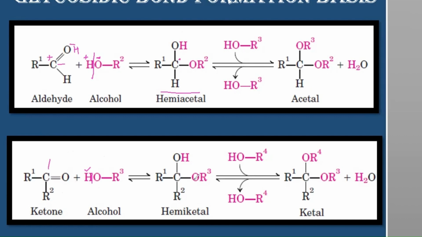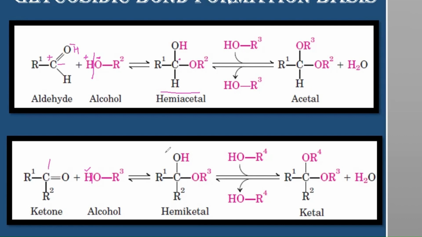Hemiketal is the structure where the carbon is associated with two alkyl groups directly, and with a third alkyl group with the help of an ether group, which means that through an oxygen atom it gets associated with another alkyl group, and on the fourth side it is associated with the OH group.